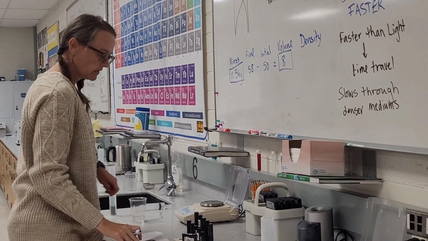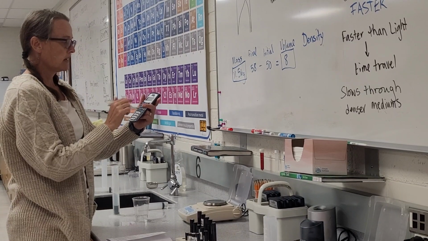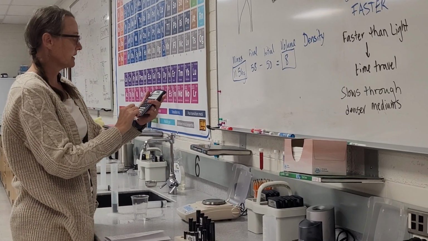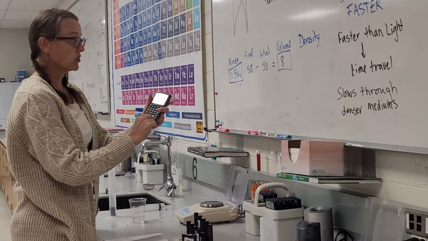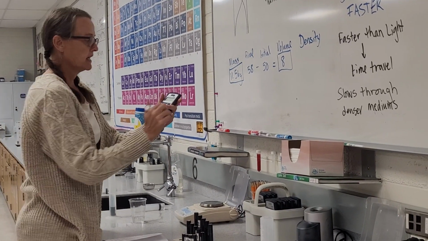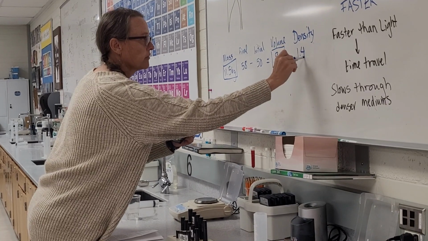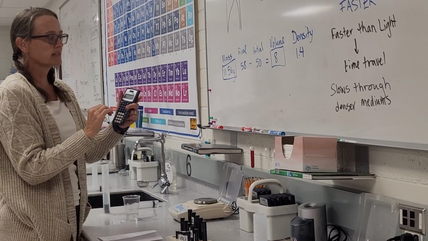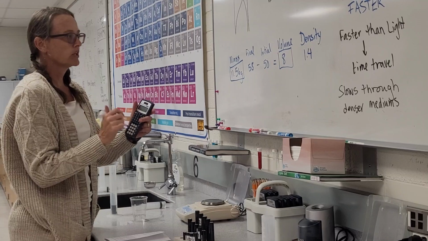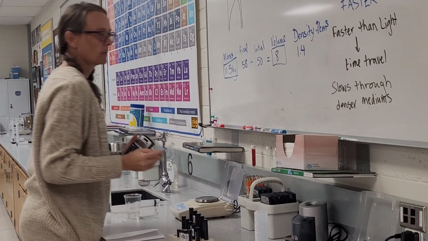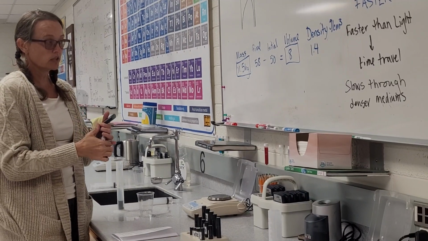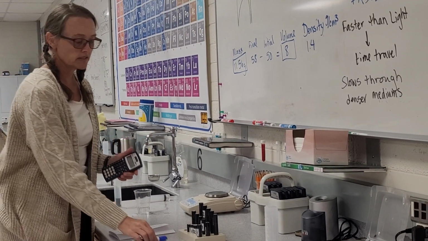So in my calculator, I'm going to type in my mass, 11.56, divide by my volume, which is 8, and it gives me 1.4. So you can round to the nearest tenth. So 1.4 is my density. Density units are grams per cubic centimeters.